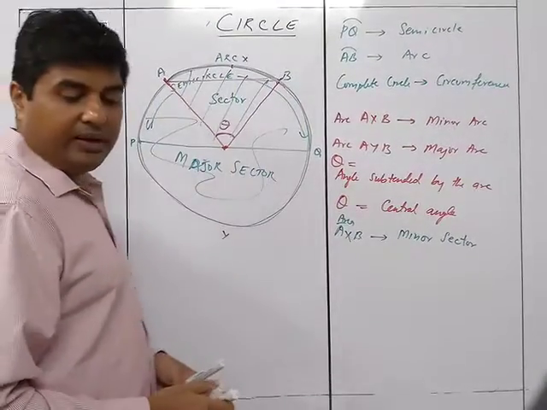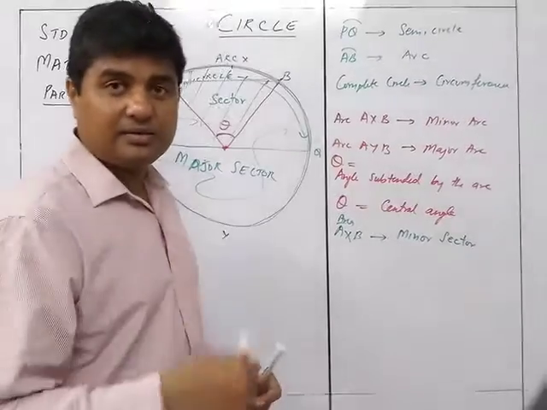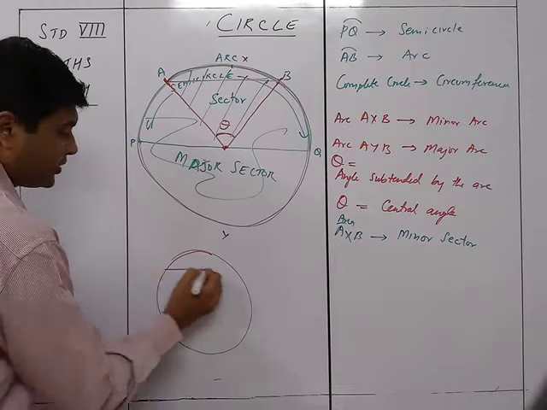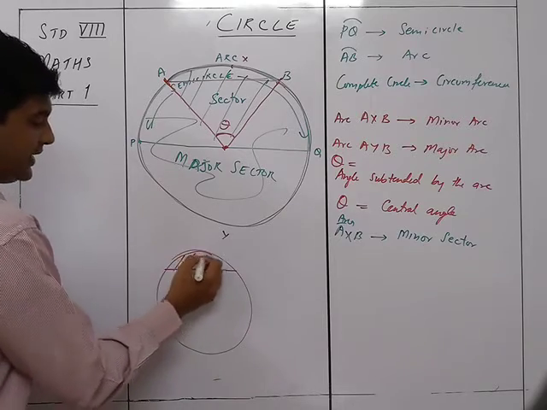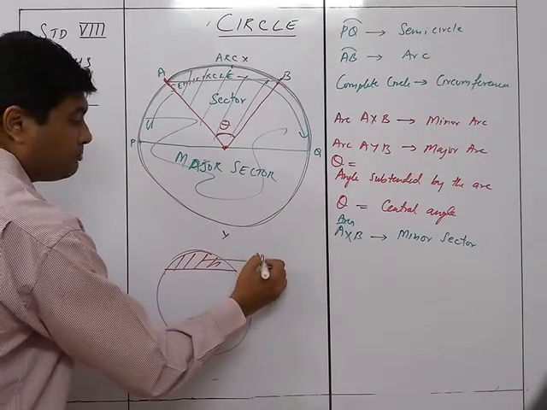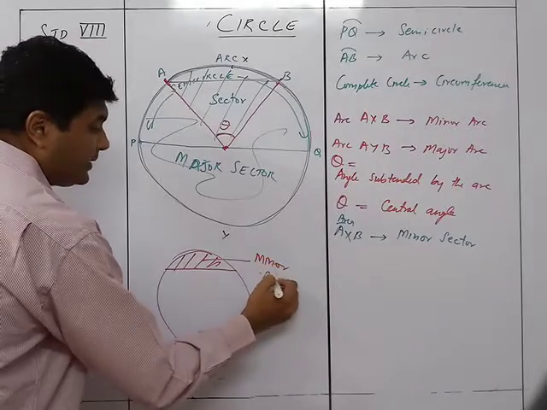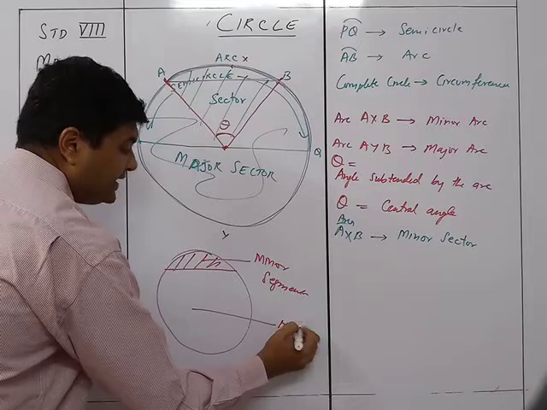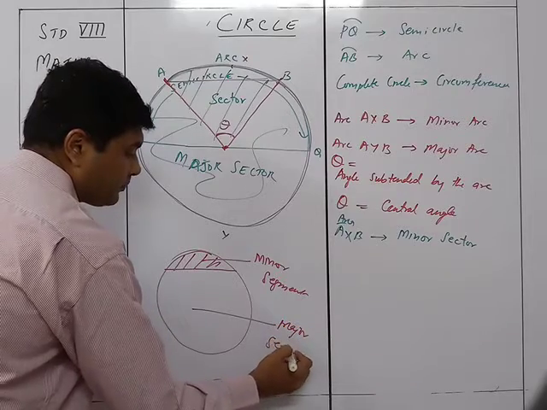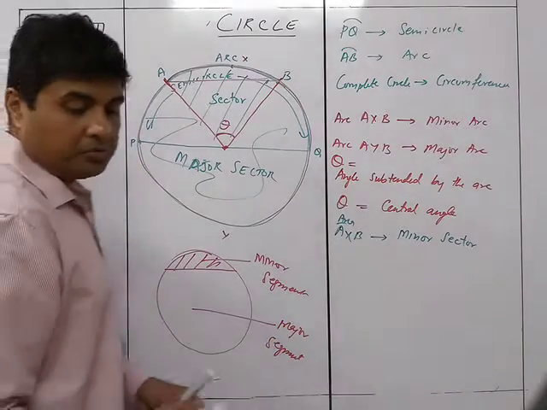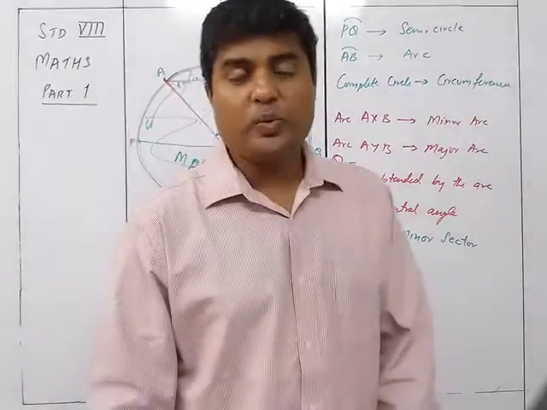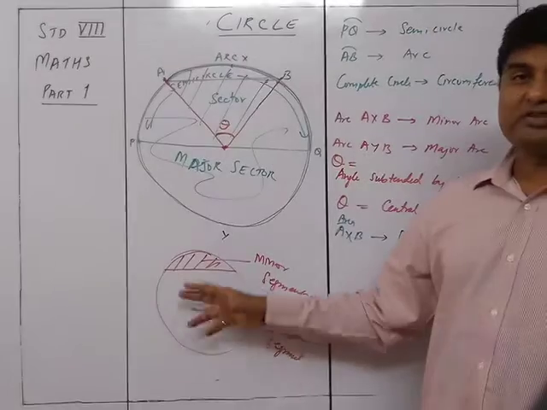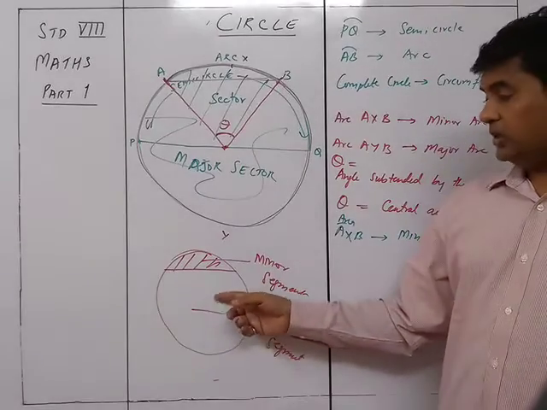And if a chord is forming that particular area, so if there is a chord over here, then this area over here is called the minor segment, and this area over here is the major segment. So one chord can give rise to two parts in a particular circle.